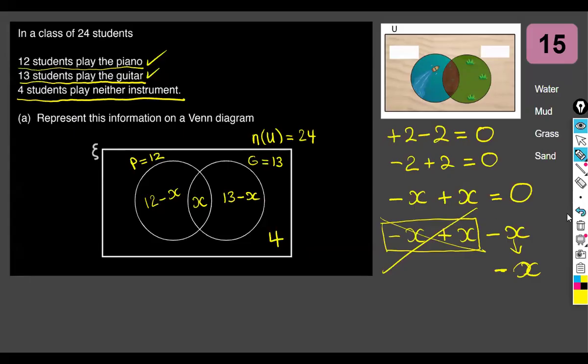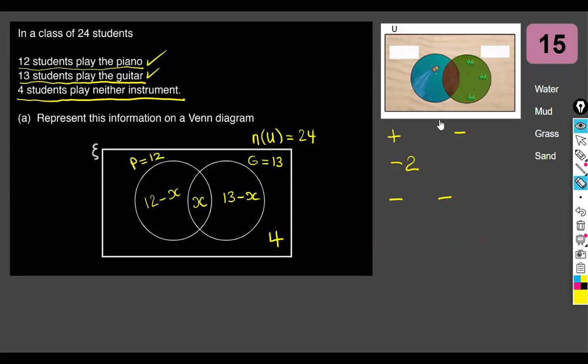I'm going to do that again because you're going to be seeing that today, right? Now let's do it again here without all the clutter. I don't mind doing it a second time. Minus x plus x minus x. The minus x and plus x, we know this will give us 0. We just established that. So you're just left with minus x. Next question.